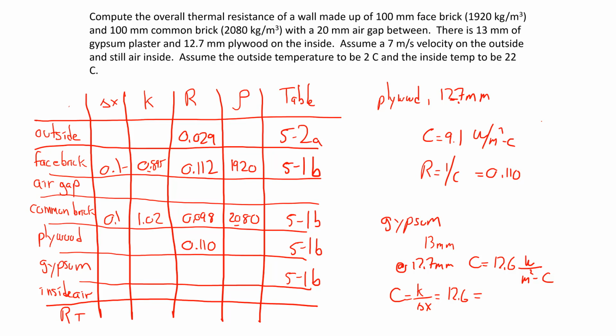Now, the next two things look at airspace in terms of the mean temperature and the temperature difference. The mean temperature would just be the average temperature in the space, right? So if we look at 2 degrees C and 22 degrees C, we're at about 11 degrees C, which is the average temperature across the air gap.